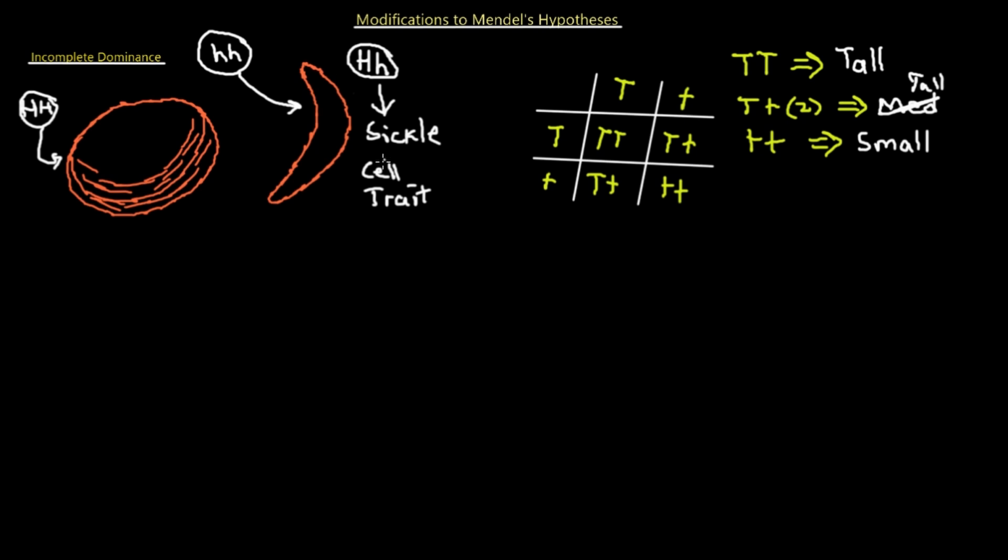And remember how I said previously that the dominant alleles do not directly mask over or directly inhibit the production of the recessive allele protein, meaning that both alleles are going to produce their designated proteins.